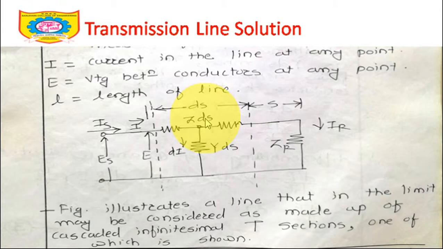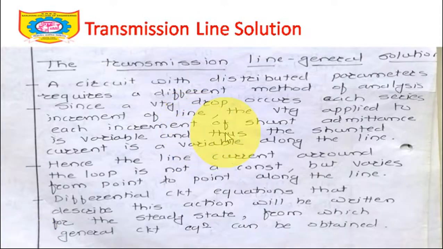If I am talking about this transmission line, there must be an admittance associated with it. What is admittance? Y ds. Definitely. So every parameter comes multiplied by the length of the transmission line, because the parameters are distributed ones, they are not lumped ones. So this is the meaning of this second statement. Hence the line current around the loop is not a constant, but varies from point to point along the line.